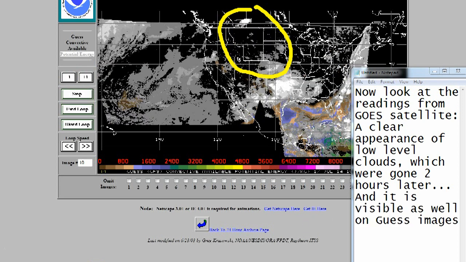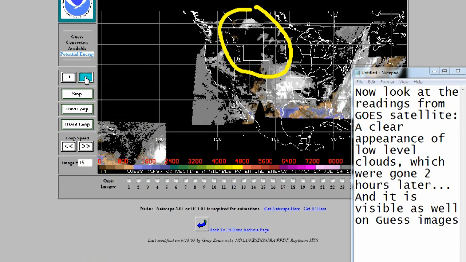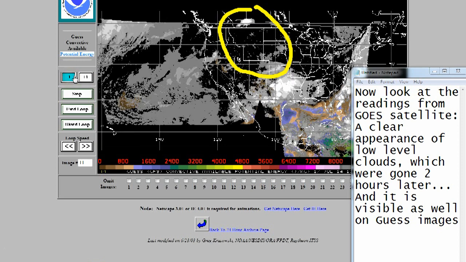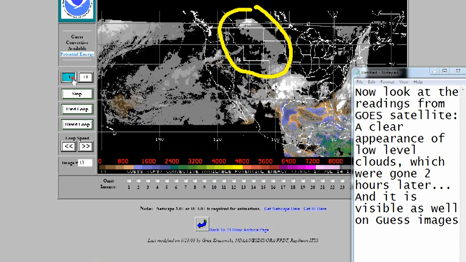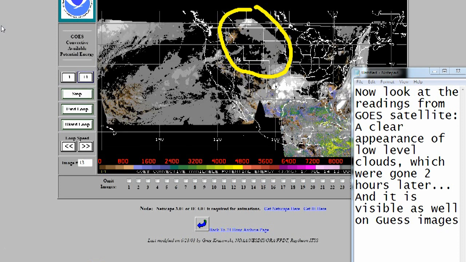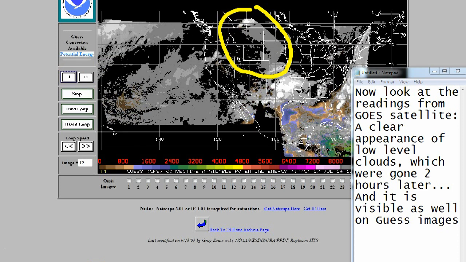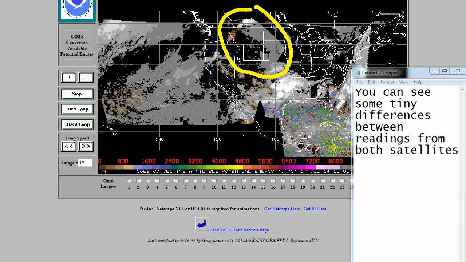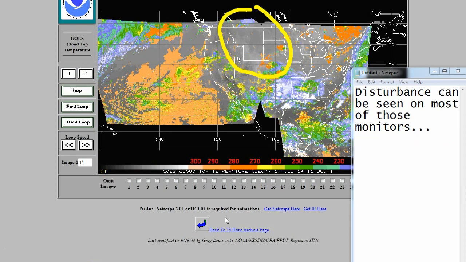And it is visible as well on GES images. You can see some tiny differences between readings from both satellites. Disturbance can be seen on most of those monitors.